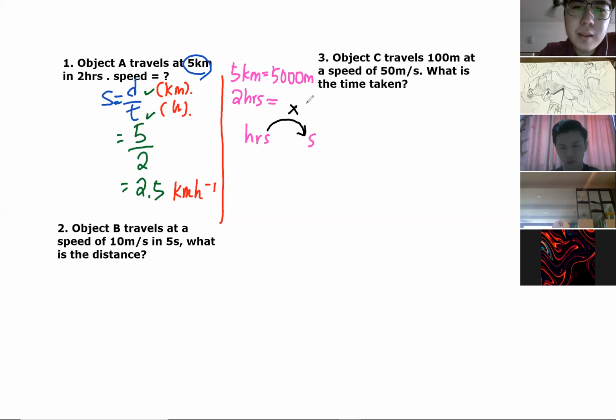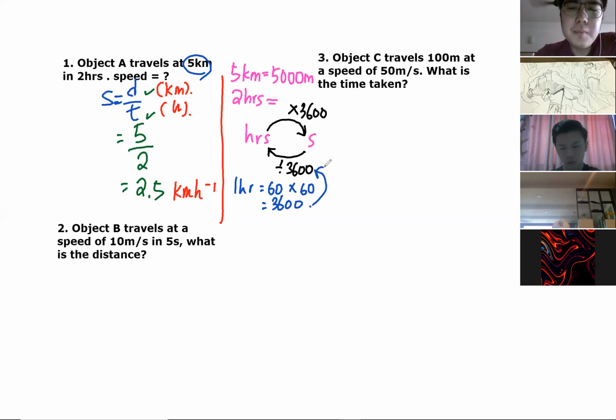So you multiply by 3,600 and it becomes seconds. And if you want to change seconds back to hours, you divide by 3,600. Why 3,600? Because one hour has 60 minutes, and every minute has 60 seconds, so you times another 60, and that equals 3,600.